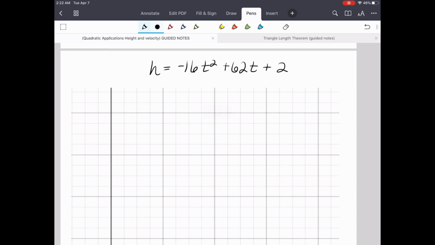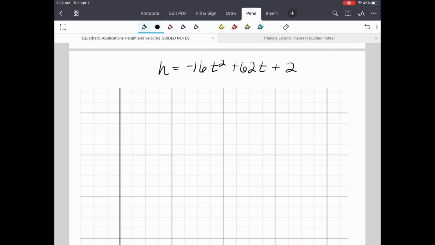I went ahead and wrote down the original quadratic equation that was given for problem number 1, and I just want to talk about this for a moment. We talked about this before the coronavirus thing happened, and it wasn't a huge discussion. But right here, that's your y-intercept, which is good to know because in this case, it's really our h-intercept, because our h-axis is representing our y.